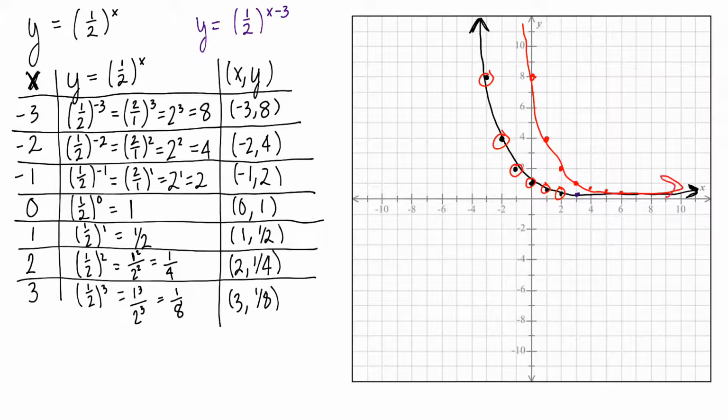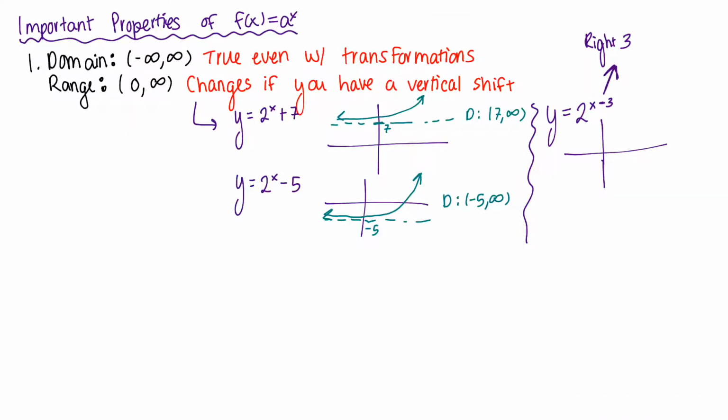That's an awfully drawn exponential graph, but you'll notice that if I have y equals 1/2 raised to the x minus 3, a horizontal shift doesn't change the range. You're still hitting the same y values. It's just the positioning of the graph that has changed. So horizontal shifts are not going to affect your range at all.